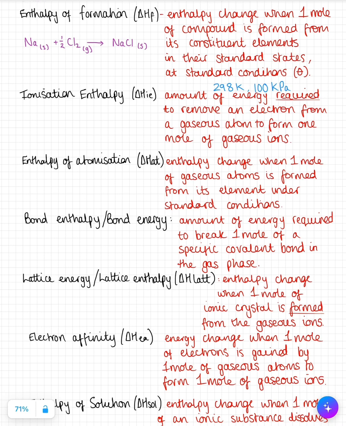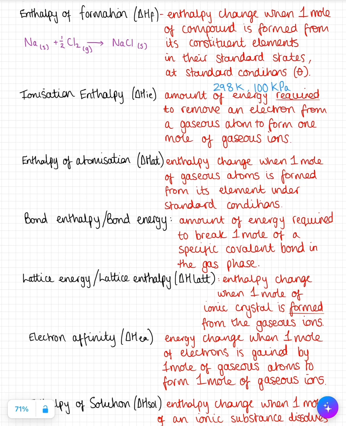Ionization enthalpy, often referred to as ionization energy, is the amount of energy required to remove an electron from a gaseous atom to form 1 mole of gaseous ions. Now we could have the first ionization enthalpy or the second ionization enthalpy. This is just a general definition.